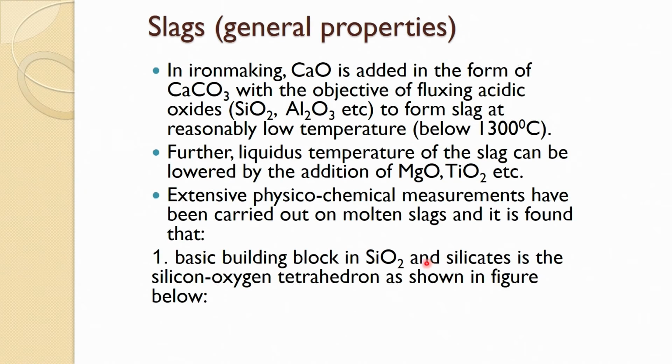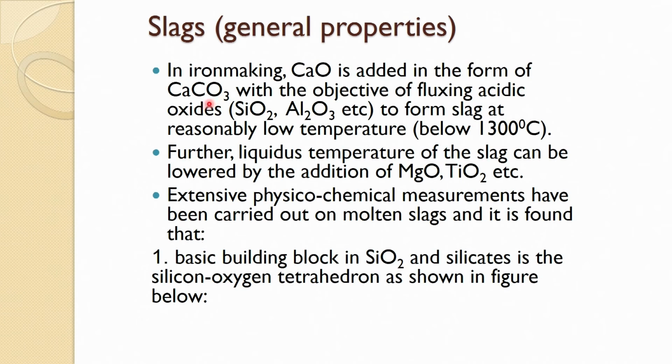Similarly, now a little bit about the general properties of the slag. In iron making, calcium oxide or lime is added in the form of calcium carbonate, as we said in the starting, and this dissociates near the cohesive zone where the temperature is close to 1000 degrees Celsius.